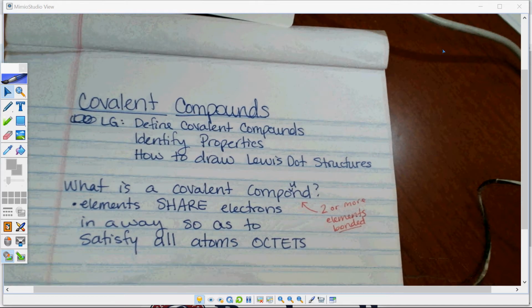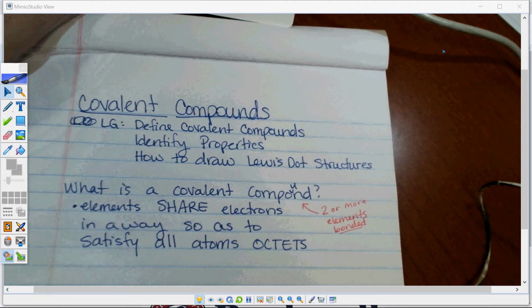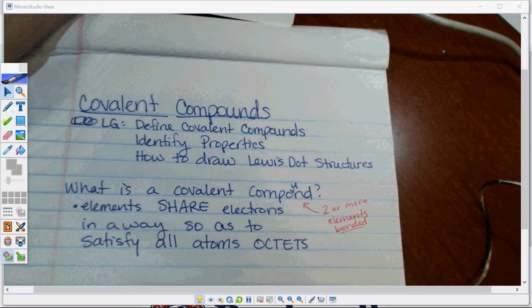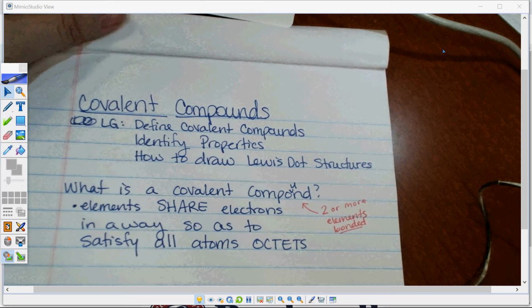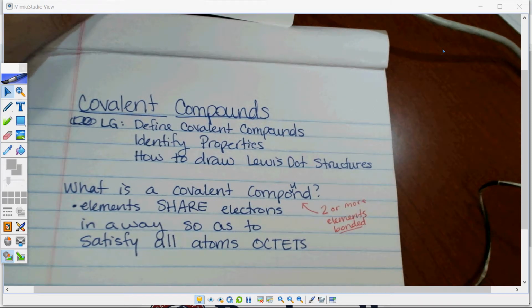So what that means is that all atoms want to have 8 valence electrons. So if they don't have 8 valence electrons, they can bond with another atom and then share their electrons in a way so that they all have 8 valence electrons.